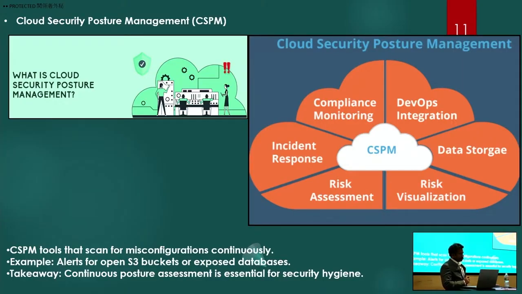Now, an example: if you are opening an S3 bucket, just an example, AWS has S3 buckets, and you're exposing that to databases, your configurations, you are doing misconfigurations continuously. Your CSPM tool is there to assist you, and that would take care of your data for your continuous and essential part.